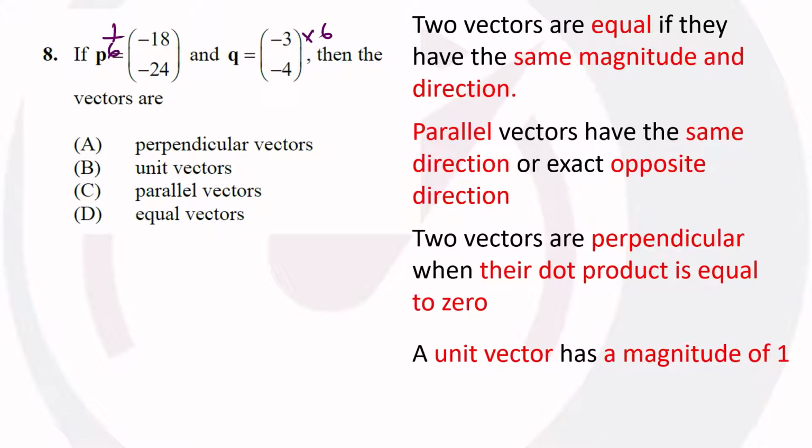So they do have a scalar relationship, and once they have a scalar relationship, we know that they are parallel vectors. Remember, parallel vectors have a scalar relationship. So do collinear vectors and others, but we'll get to those in another video.